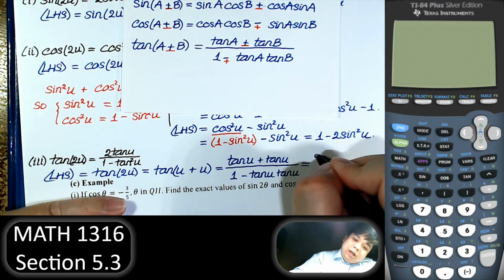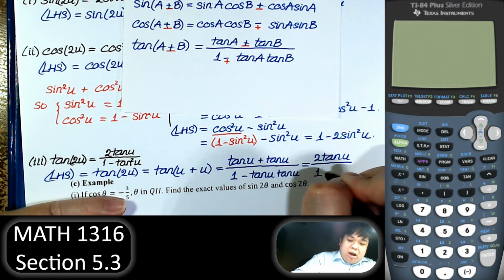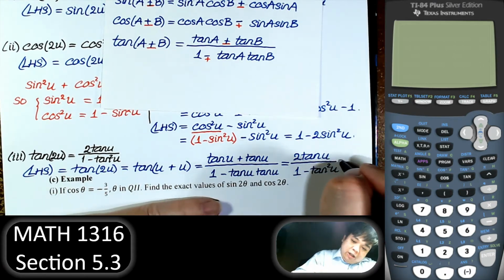That gives us 2 tangent of u on the top, and the bottom is 1 minus tangent square. And that is equal to the right hand side.